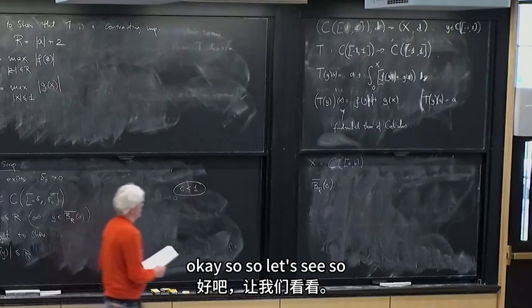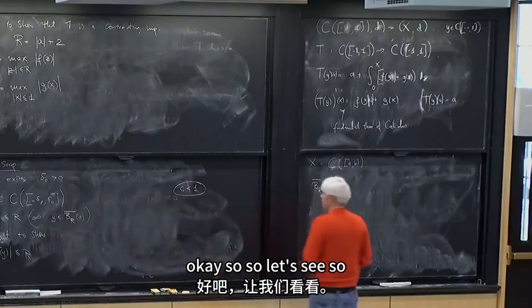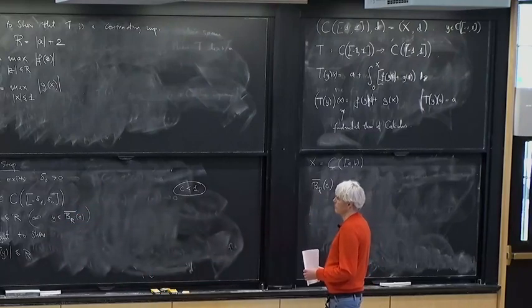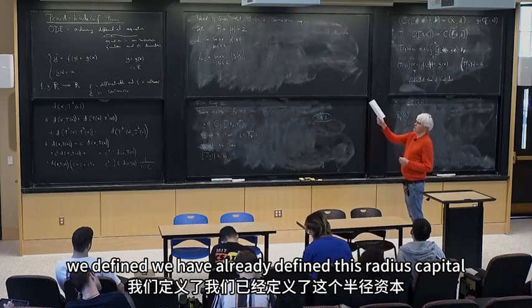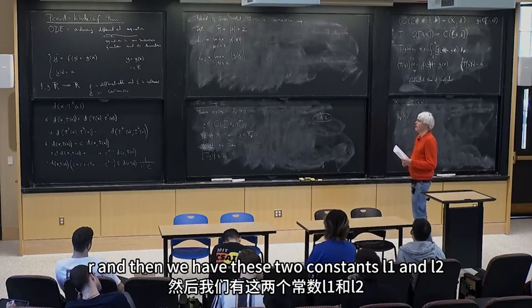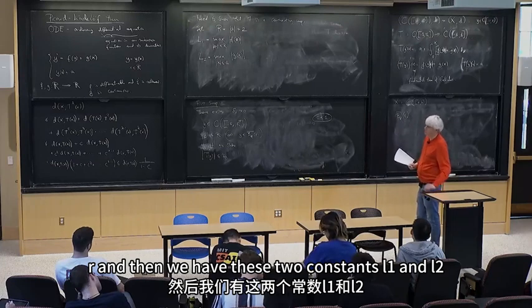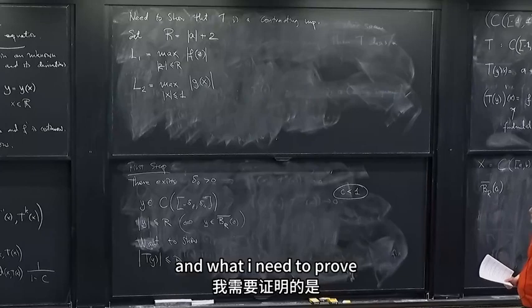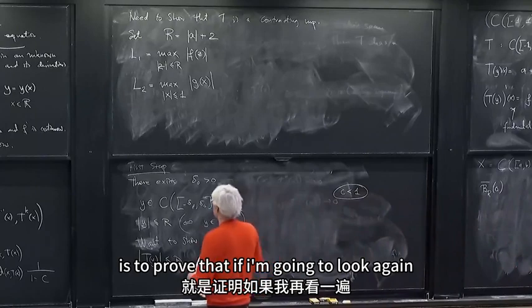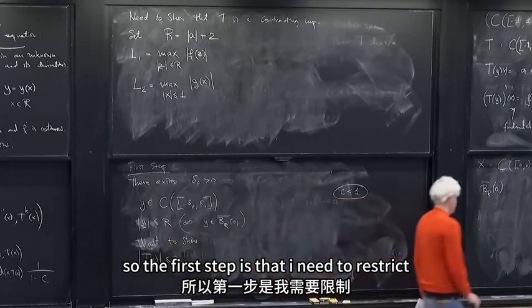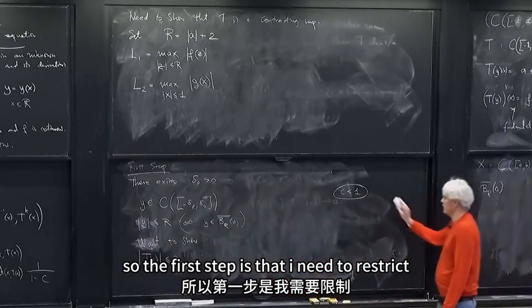Okay, so let's see. We have already defined this radius, capital R. And then we have these two constants, L1 and L2. And what I need to prove, the first step, is that I need to restrict.